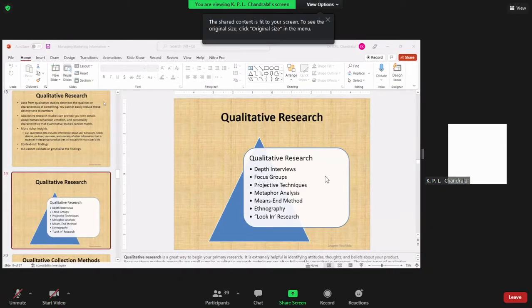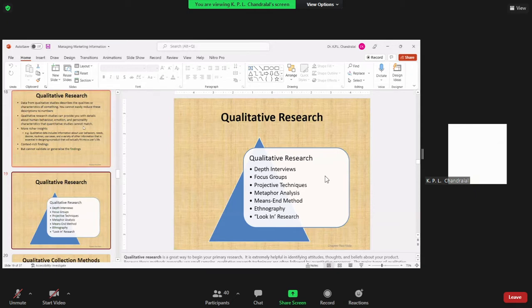So we have been discussing the research methods. Under that, we discussed the quantitative research methods, right? Different research methods, and we came to the qualitative version of research.